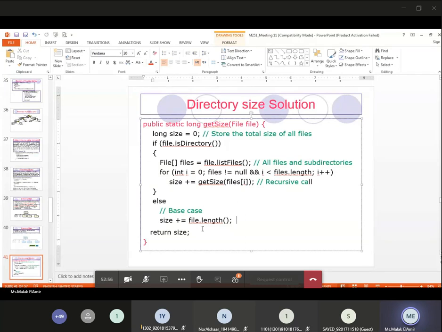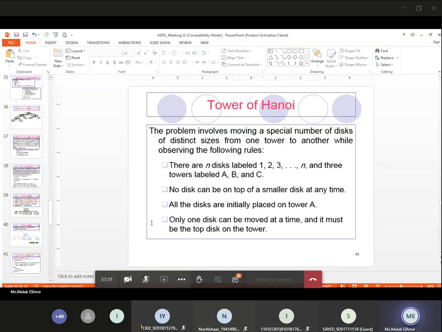Until it is the last file I have, I'm going to calculate it and add it on the size and finally return the size. Is it clear? I know it's a new technique to you.